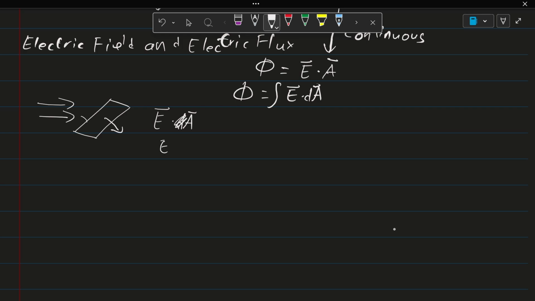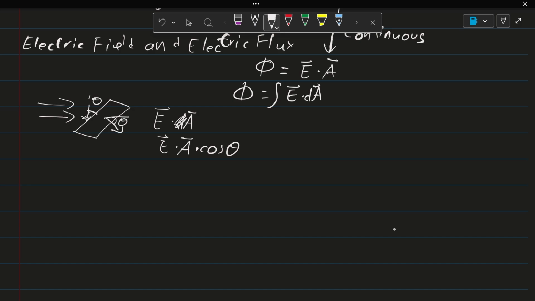This means E times A multiplied by cosine theta, where theta is this angle. Or you could draw it something like this. That's pretty much the theta itself. So that's how you define the electric flux when the vector is a little bit different. But you have already computed this in General Physics 1.